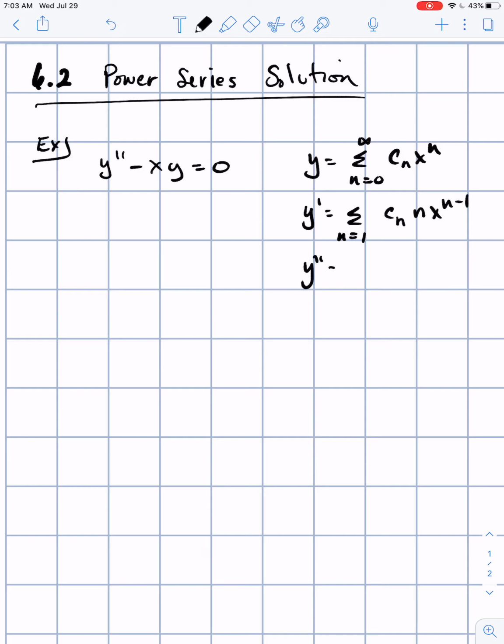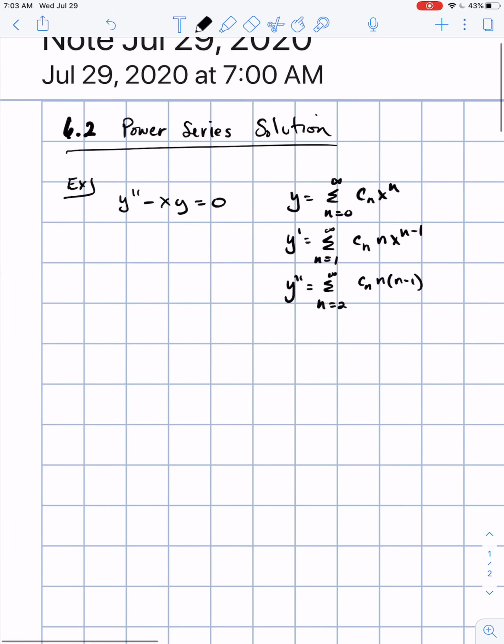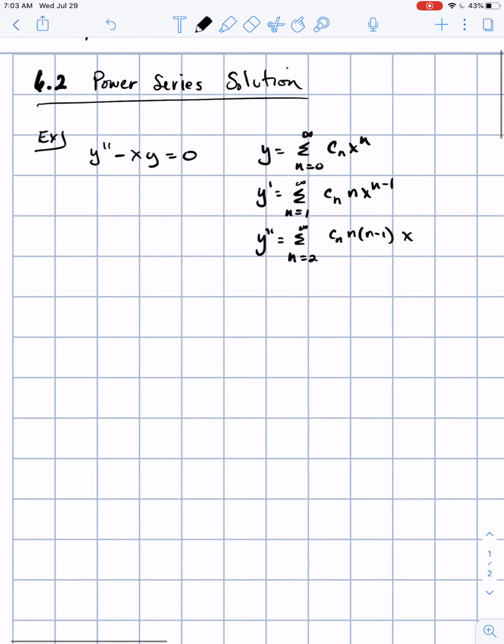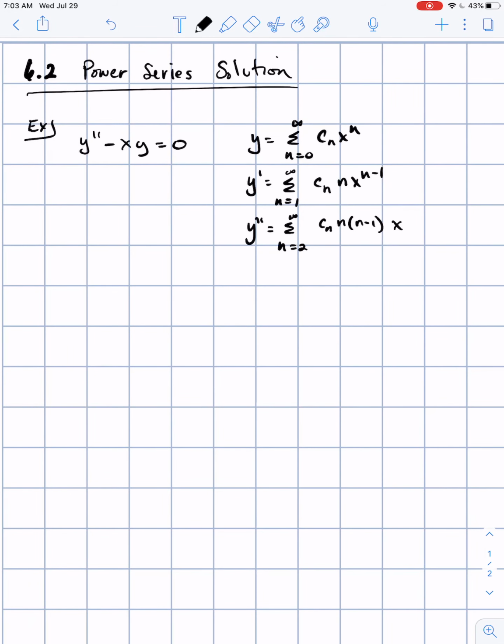And then for y double prime, remember now we're going to start at 2, and it'll be c of n times n minus 1, and then x to the n minus 2, sorry. Alright, so you'll have that.